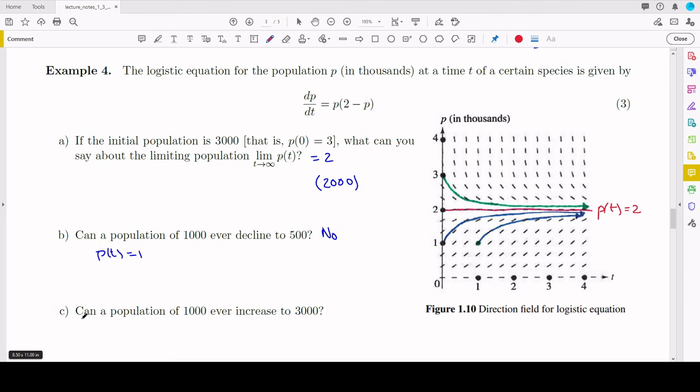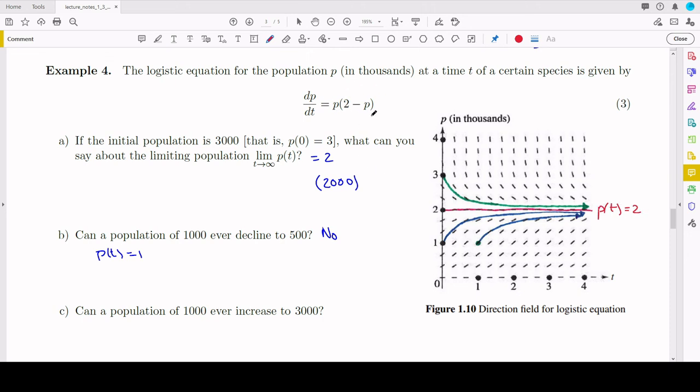And can a population of 1,000 ever increase to 3,000? That would mean that our solution would have to cross that solution P of t equals 2.